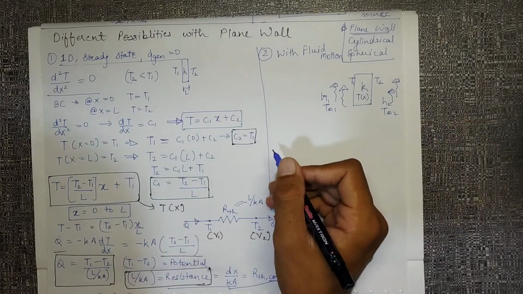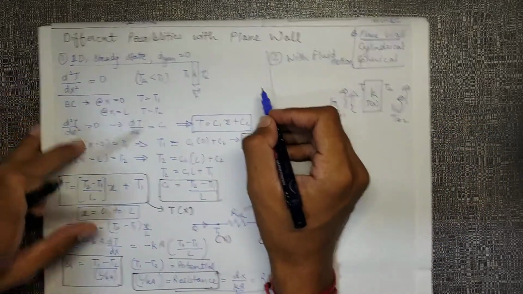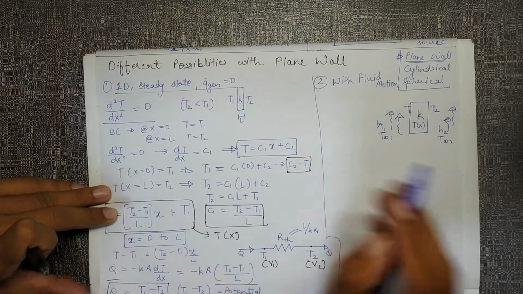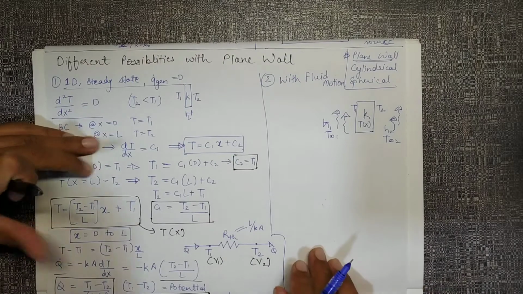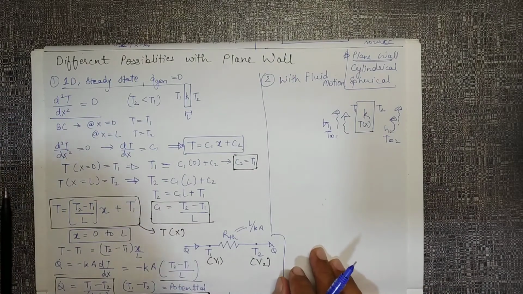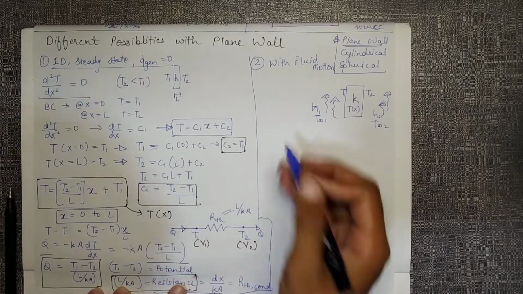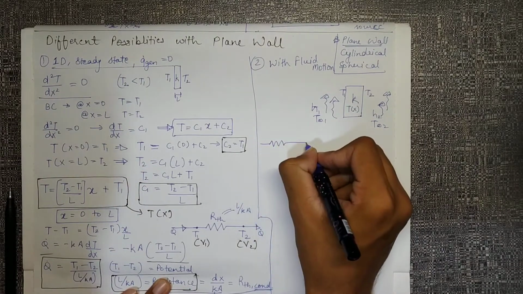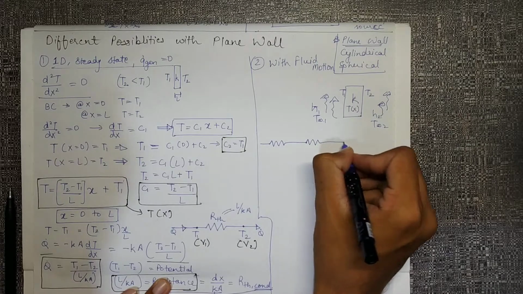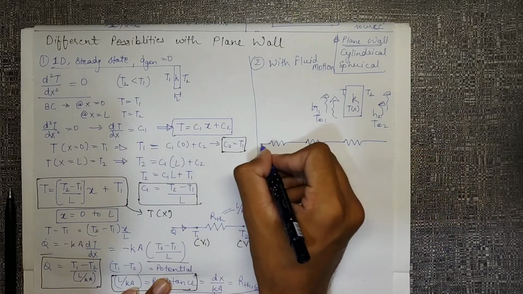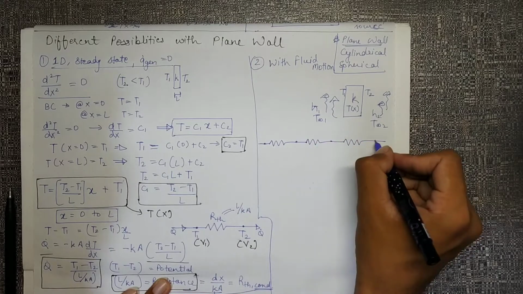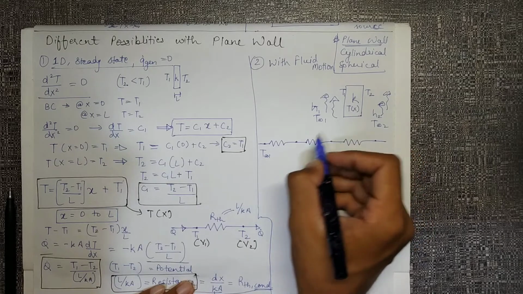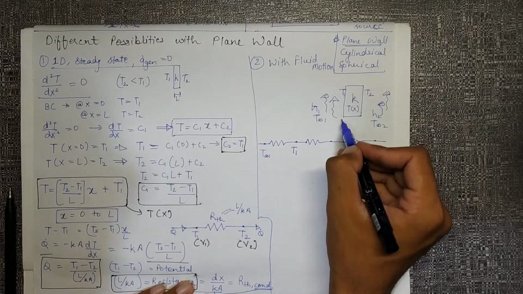Now we are assuming everything that was in the earlier case: 1D, steady state, and heat generation is 0. So now we can directly write everything in terms of resistance. Over here we have T infinity 1 temperature, then some heat transfer is occurring and it reaches some temperature T1, which is this surface temperature.